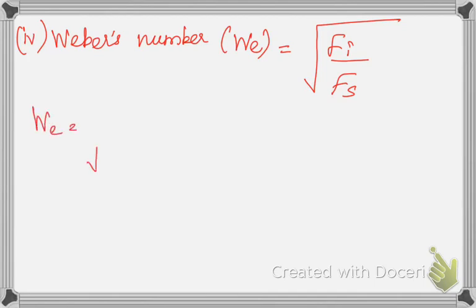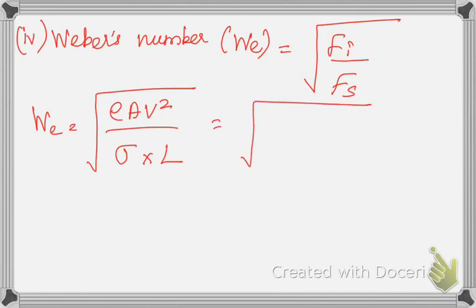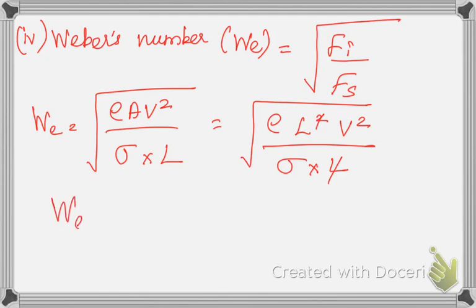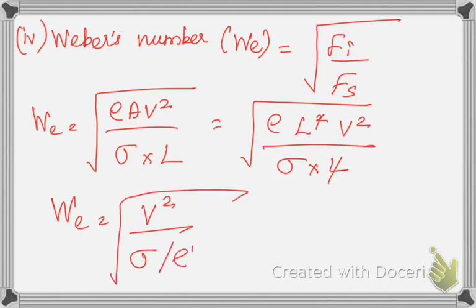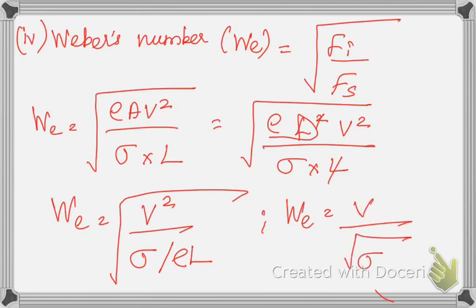Inertia force is rho A V square and surface tension force is sigma into L. Instead of A, I can write L square, so rho L square V squared by sigma into L. One L can get cancelled, which becomes V squared by sigma by rho L. Bringing the terms to the denominator like this, Weber number is equal to V by root of sigma by rho L.